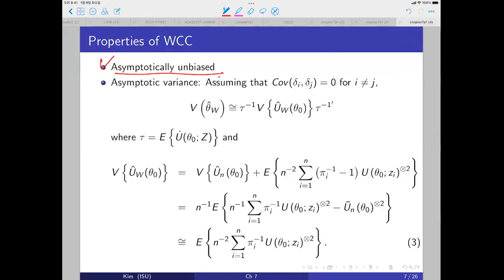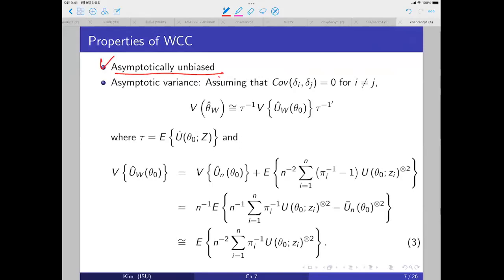The center part is the variance of the estimating function, and the sandwich part is just the partial derivative. The partial derivative should be unchanged, and the variance part is changed.